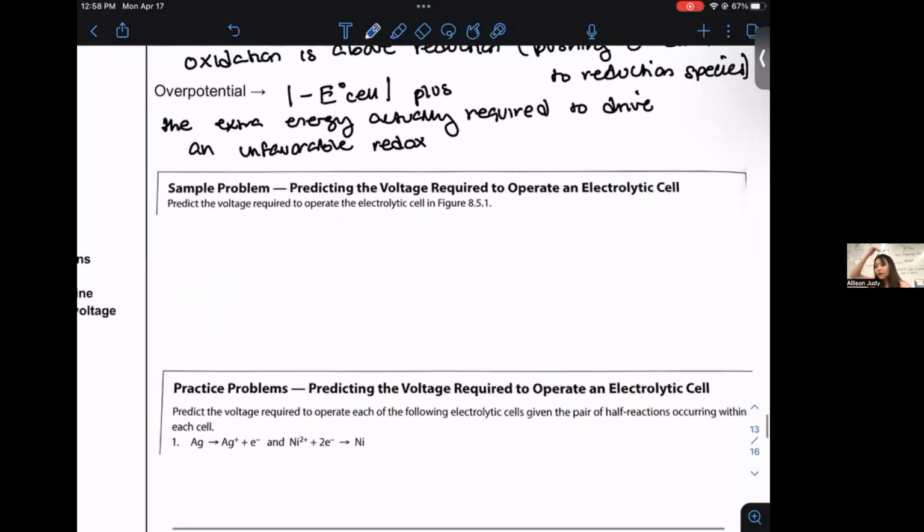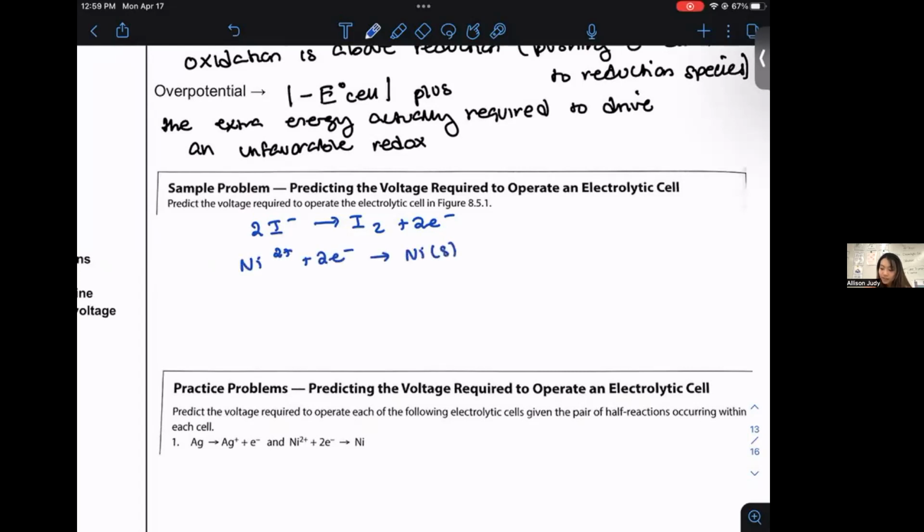So what we would say is: predict the voltage required to operate the electrolytic cell in 8.51. What you would find is that this particular example is this reaction: 2I minus going to I2 plus 2e minus, and that's the first half reaction. And the second half reaction is nickel 2 plus gaining 2 electrons to nickel solid.